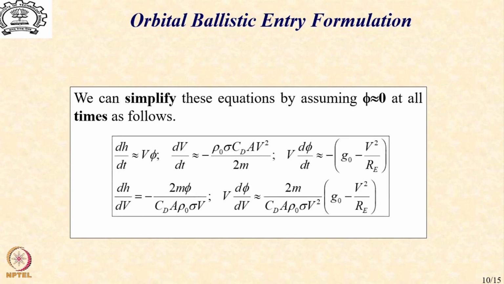So the moment we do that, we get dh by dt as v phi, dv by dt remains a nonlinear differential equation in v square. The normal equilibrium has v d phi by dt, and with that we get the following two differential equations, one for the altitude in terms of velocity and the other one velocity in terms of the angle phi.